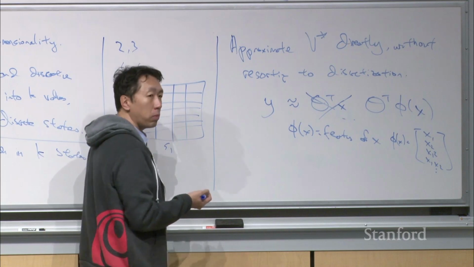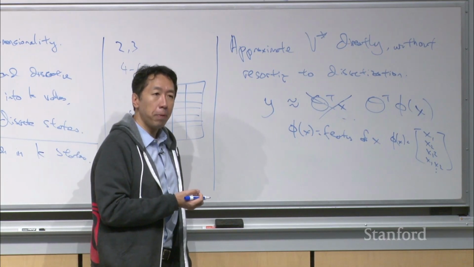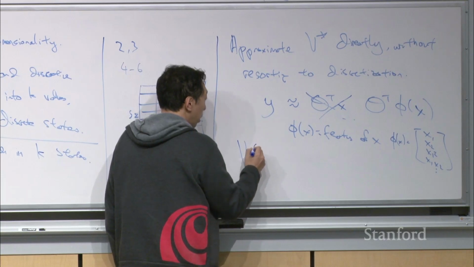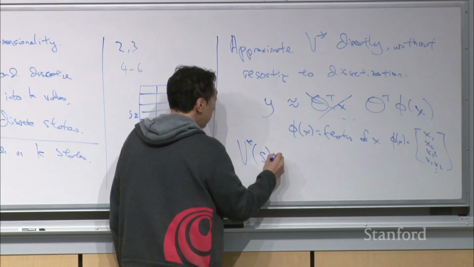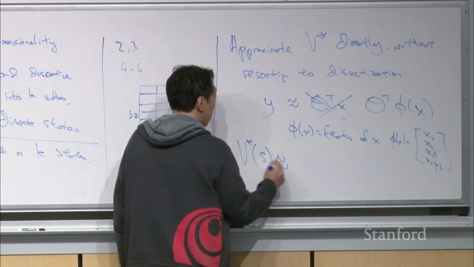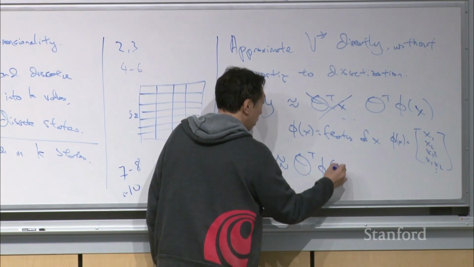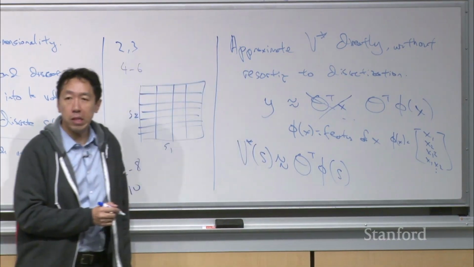And what you'll see in fitted value iteration is a model where we will approximate V star of s as a linear function of features of the state.